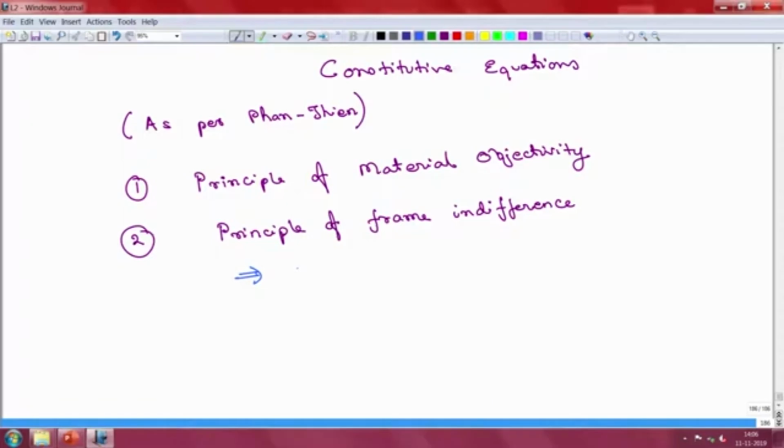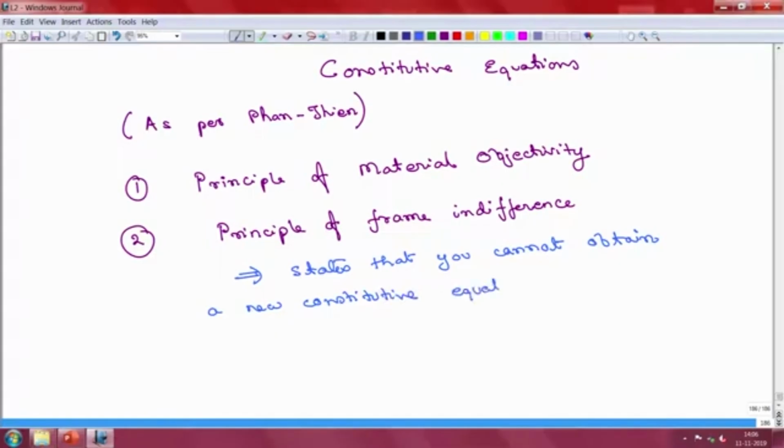So this principle states that you cannot obtain a new constitutive equation when there is a change in the frame of reference.